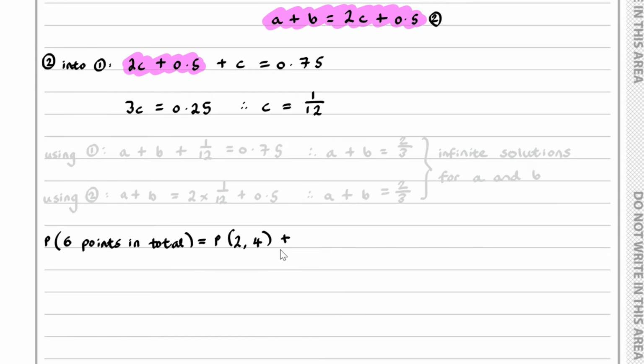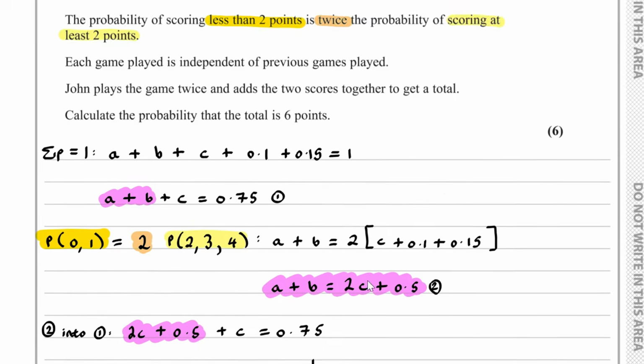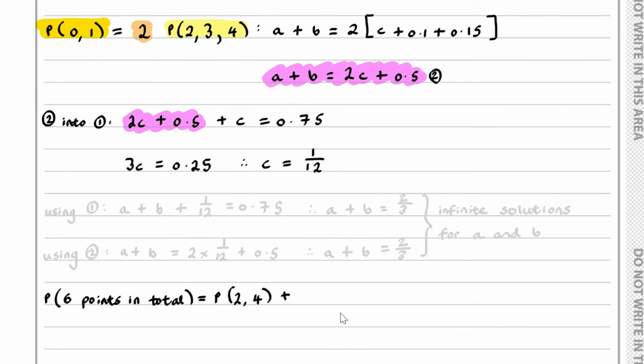Another way we can get a 6 is if we score a 4 in the first game and a 2 in the second game. Or we can get a 3 in the first game and then a 3 in the second game.